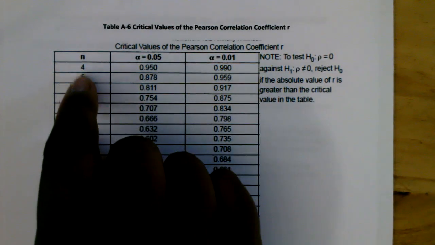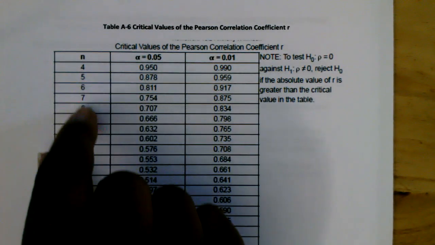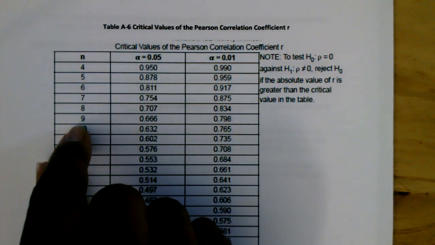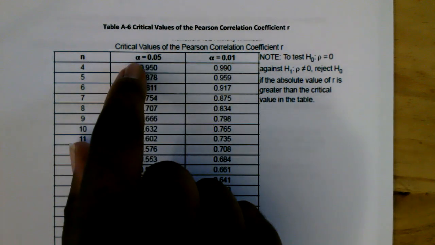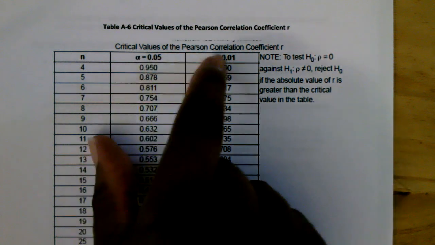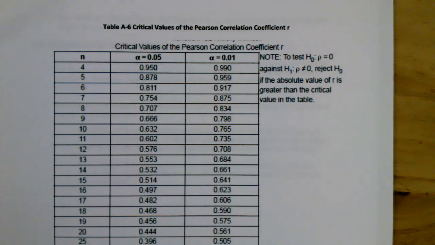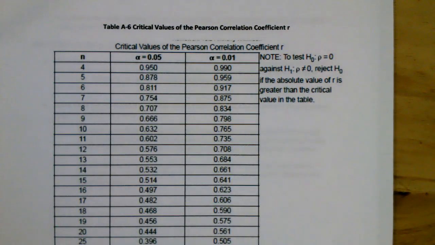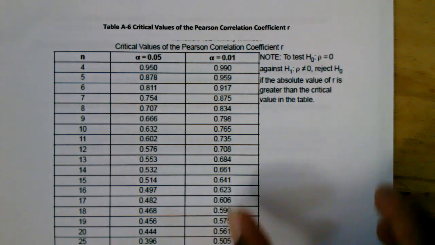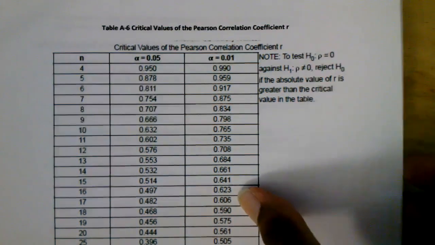You'll look for n, which is the number of paired data, and your alpha level, we're only going to be using either 0.05 or 0.01. And that's it. You read across and down, and you'll get your critical Pearson correlation coefficient, the critical value.